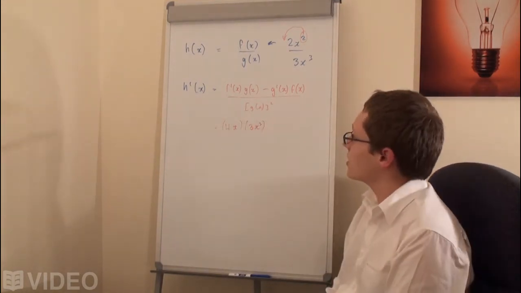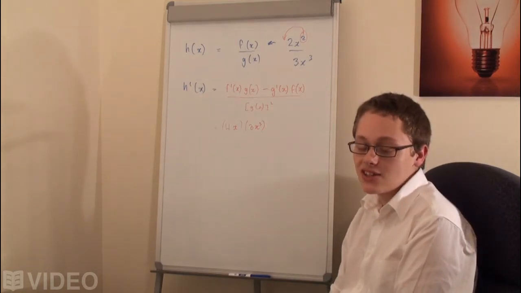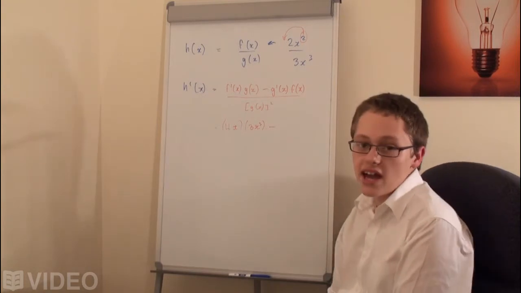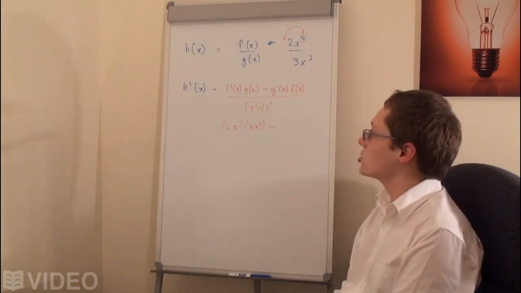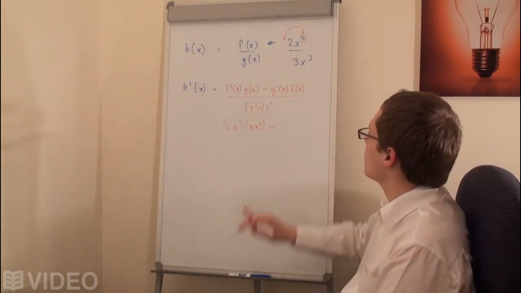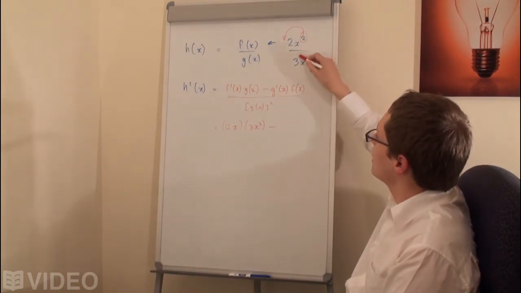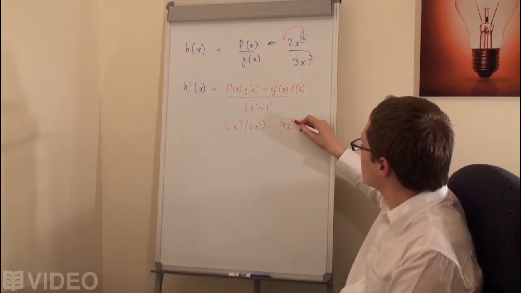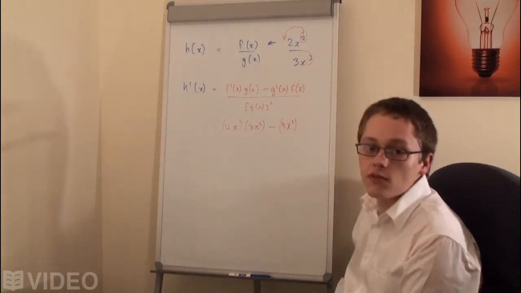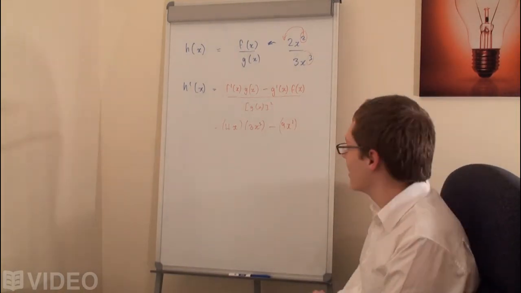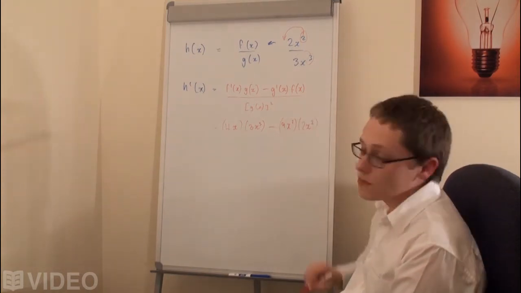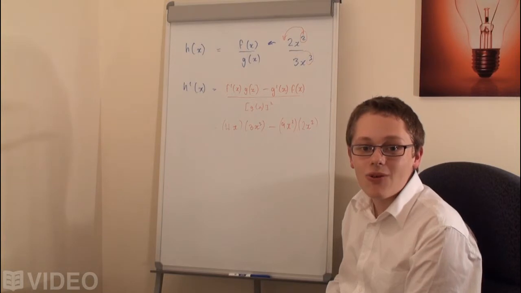And then, because the numerator has had its chance to be differentiated, on the take side, we've got to actually do the other one, the g of x. So we take the g prime of x and we differentiate it. So 3 times 3 is equal to 9. So we get 9x squared because we subtract 1 from the exponent. And then we multiply it by the numerator as it was.